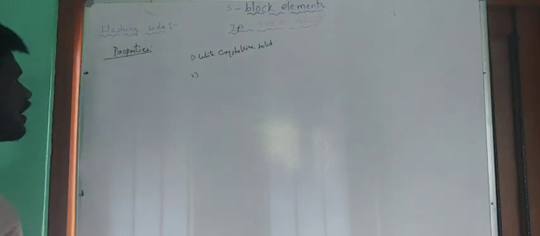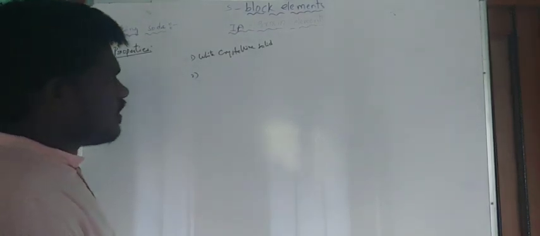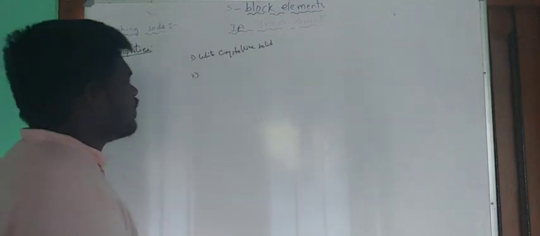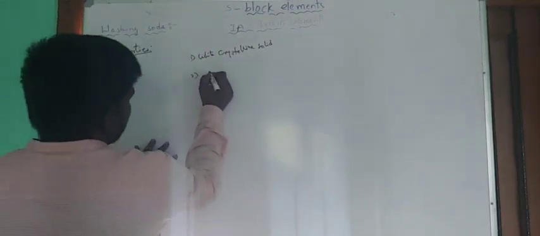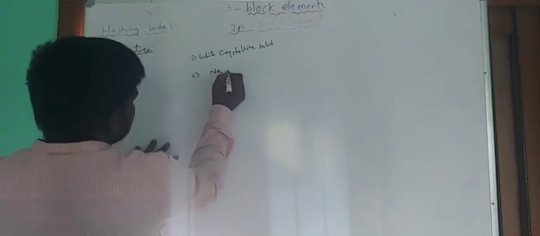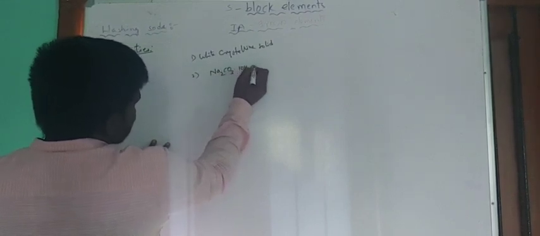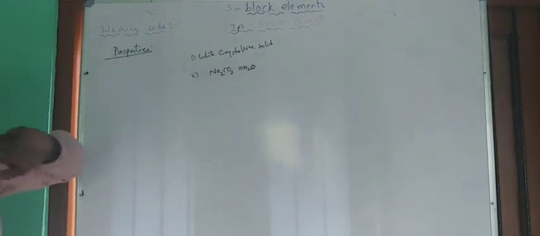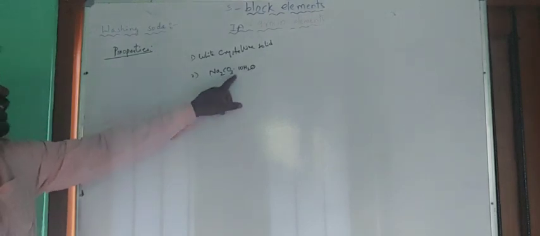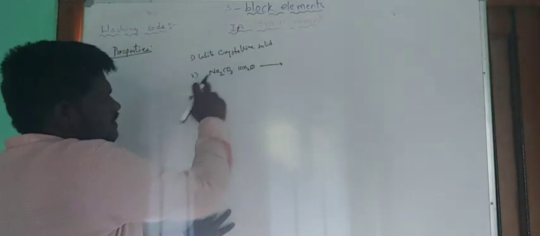Sodium carbonate is present in two forms, hydrated sodium carbonate and anhydrous sodium carbonate. Hydrated sodium carbonate is nothing but washing soda, Na2CO3.10H2O, also known as the water of crystallization form of sodium carbonate.